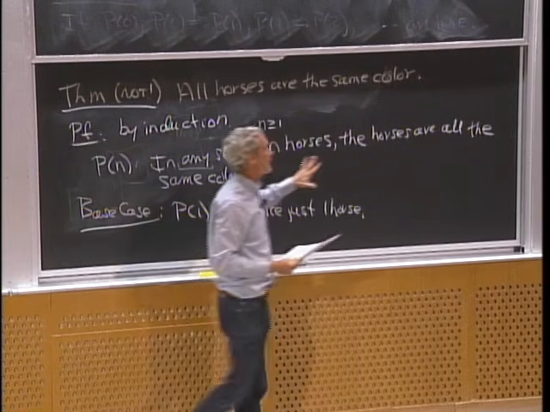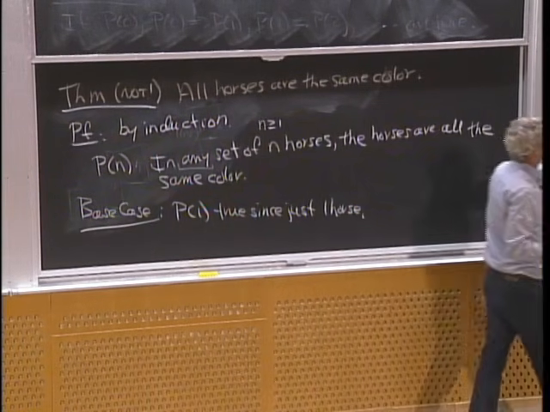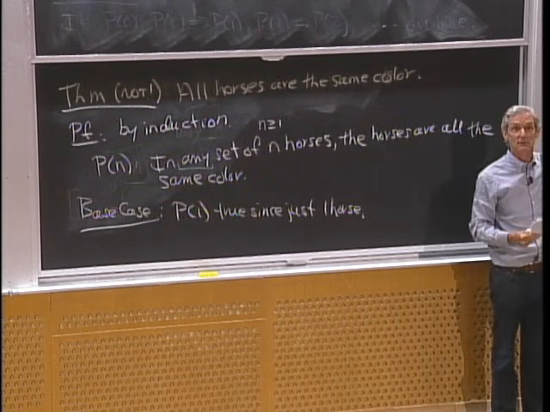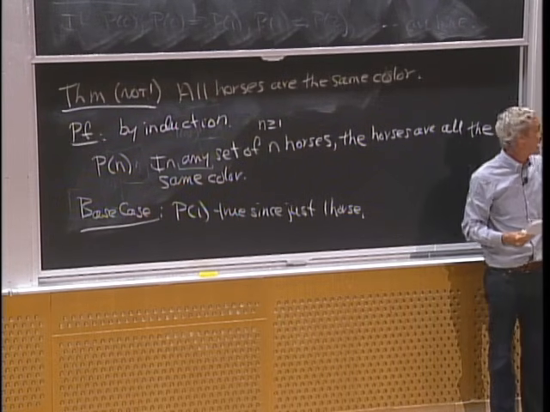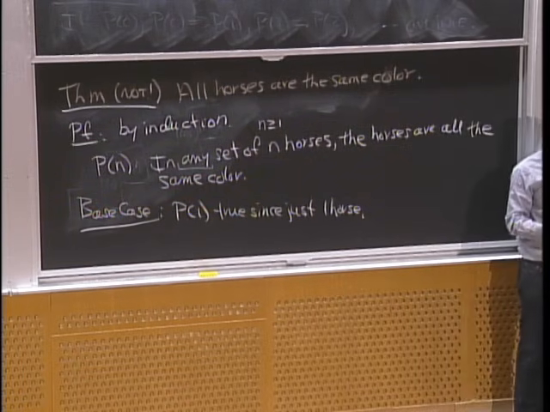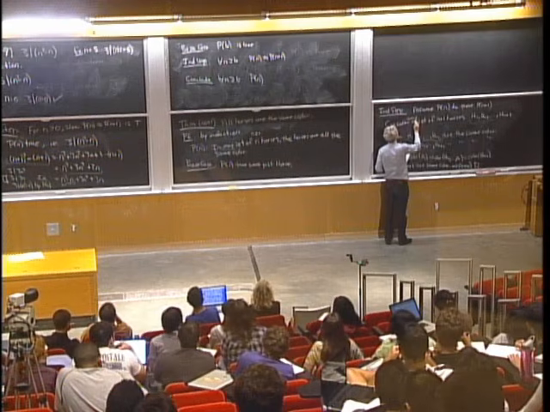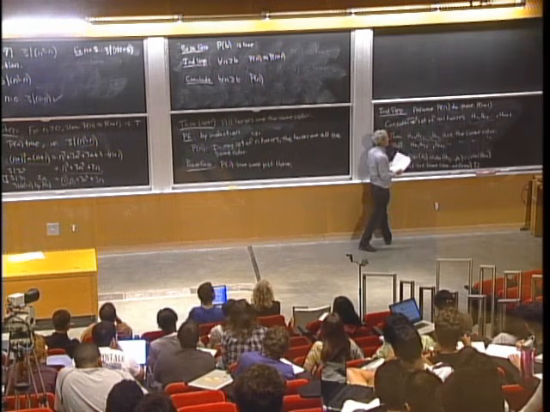So I've got to be careful that I establish that when I'm trying to prove Pn implies Pn plus 1. So to establish Pn plus 1 here, I assume Pn, which means in any set of n horses, they're all the same color. That I'm given. That's Pn. I've got to look at any set of n plus 1 horses. So consider any set, not a set, any set of n plus 1 horses.